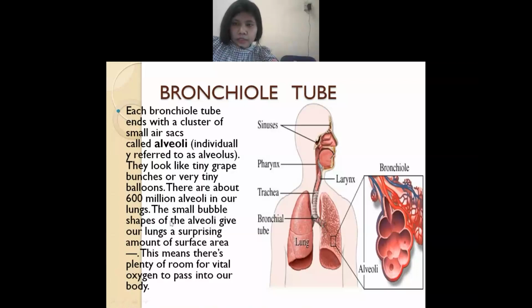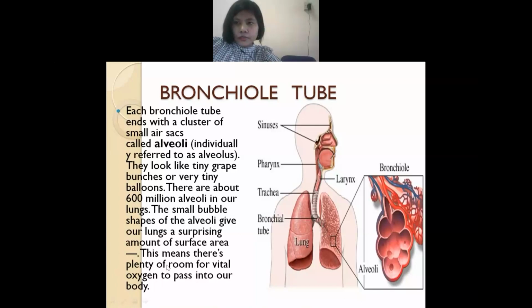Yes, ma'am. Okay, there are about how many in number, these alveoli? How many? The answer is already there, 600 million. Yes, 600 million alveoli in our lungs, all right everyone.